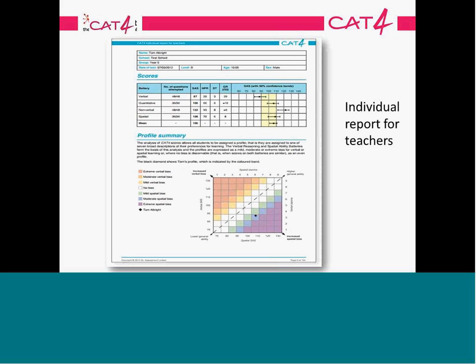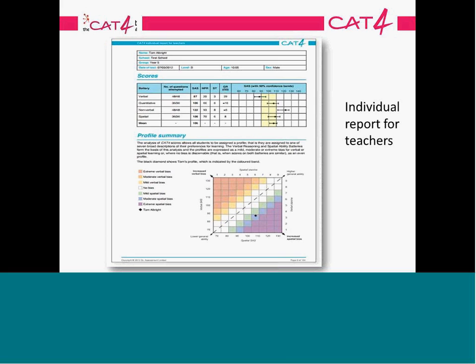Quantitative, for instance, is very useful in looking at the overall ability of a student to take on information in tables, graphs and charts, which is a very big part of STEM subjects and across the board, really. In that bottom scatter graph, we just have the single position of that one individual. And on this one, that comes out as a moderate spatial bias.